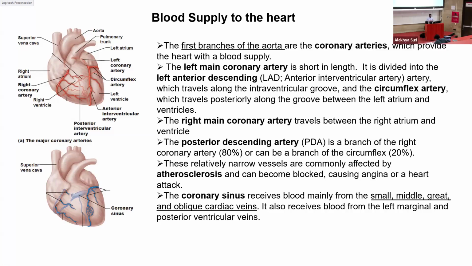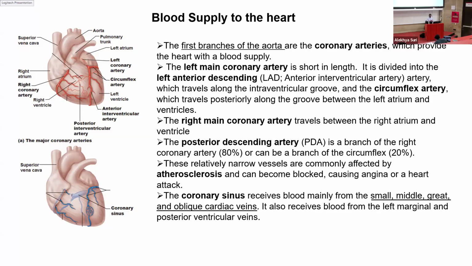And in 80% of humans, the posterior descending artery is derived from the right main coronary artery. And in 20% of humans, the posterior descending artery is derived from the circumflex artery. So it has no physiological relevance, but it has a pathological relevance, because if there is occlusion in the left main coronary artery, in humans with the posterior descending artery derived from the circumflex artery, it is going to affect the whole heart.